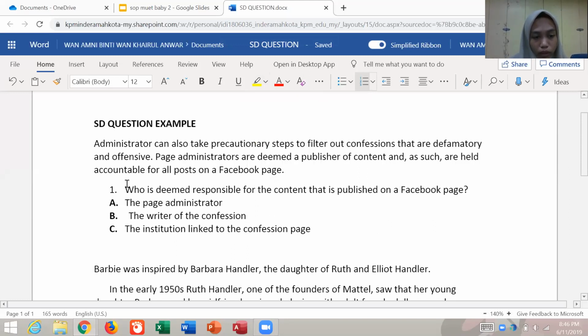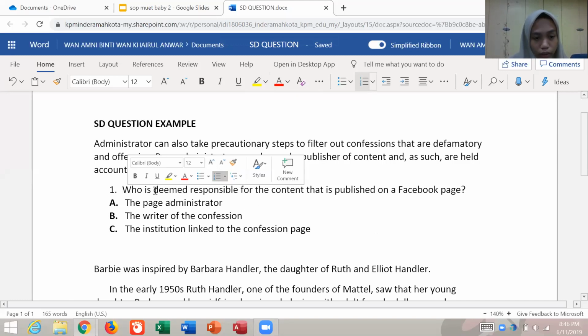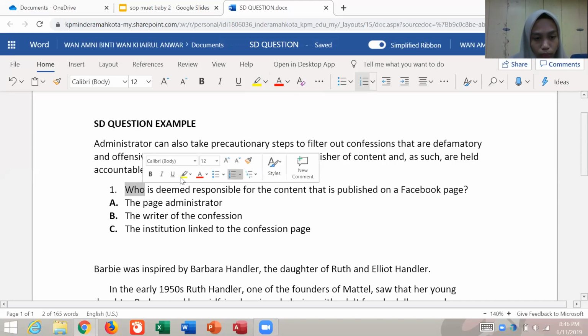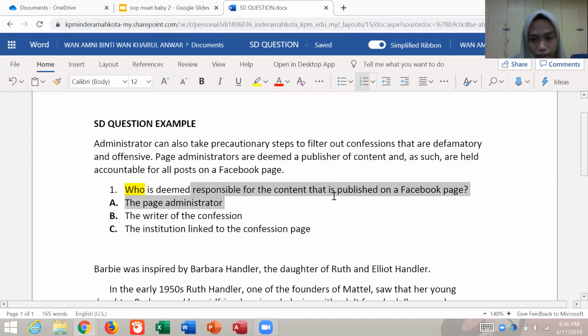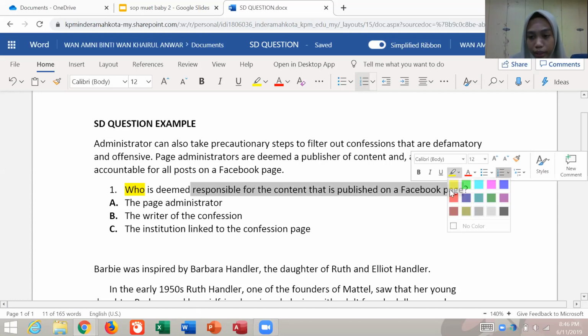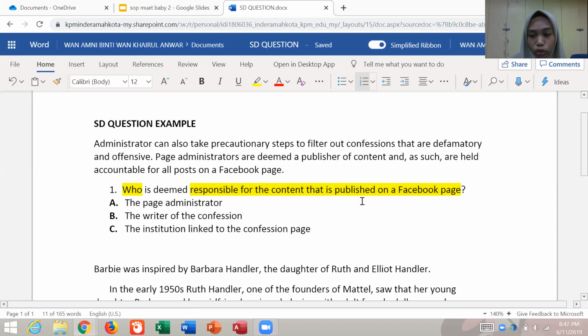So we need to highlight the keyword, which is "who", responsible for the content that is published on a Facebook page, because that is the main idea, and we want to know who is responsible, which is the facts.